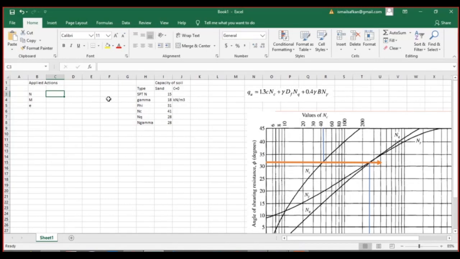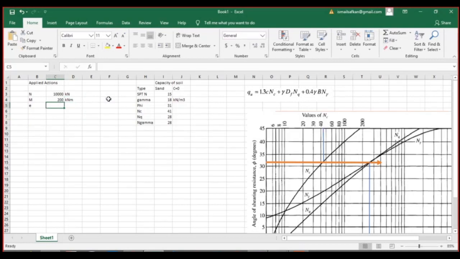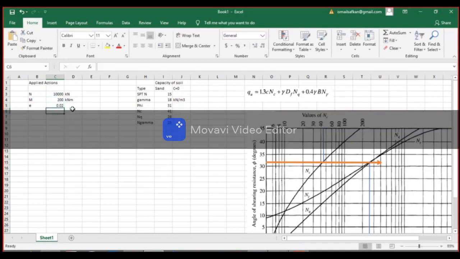Let's give values to N and M from the example. 10,000 kilonewton and 200 kilonewton meters. The eccentricity will be equal to moment divided by the axial force. And the unit for that will be meters.